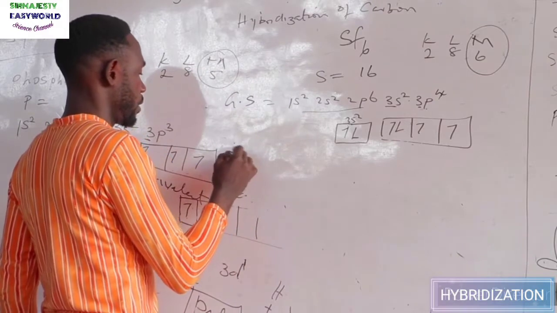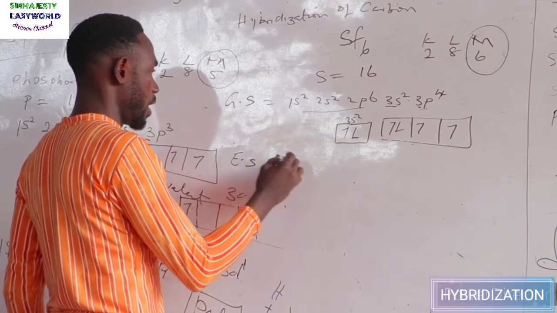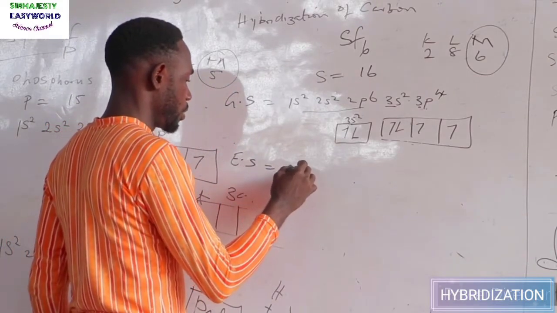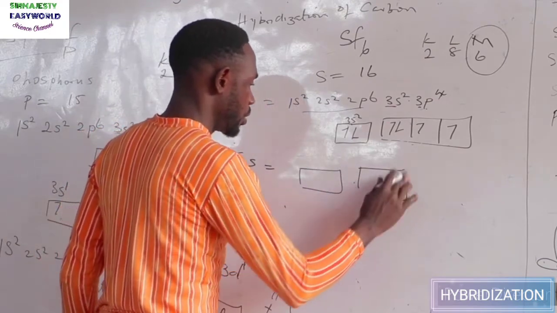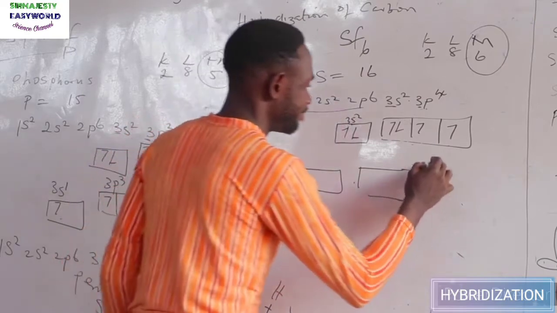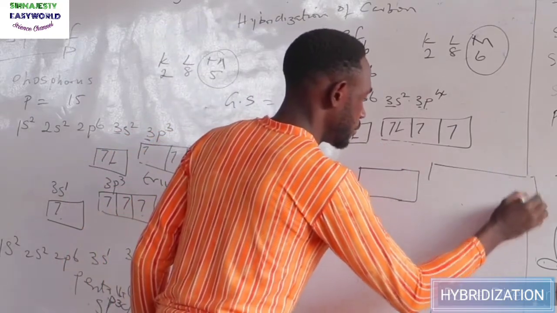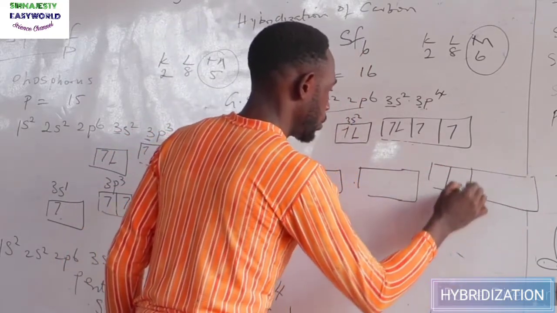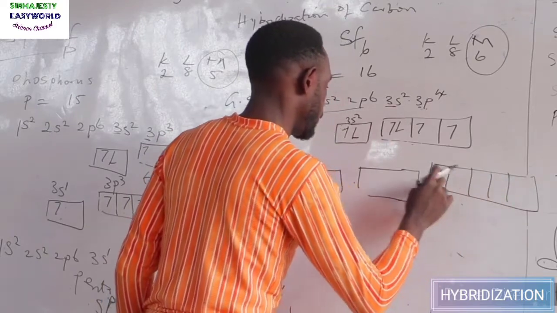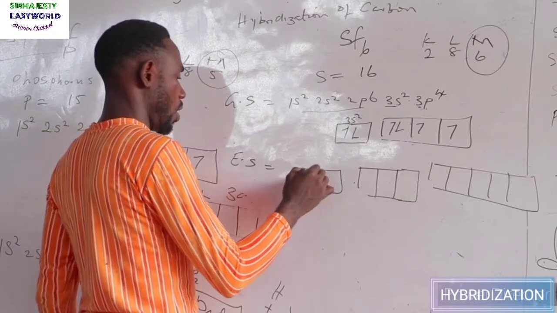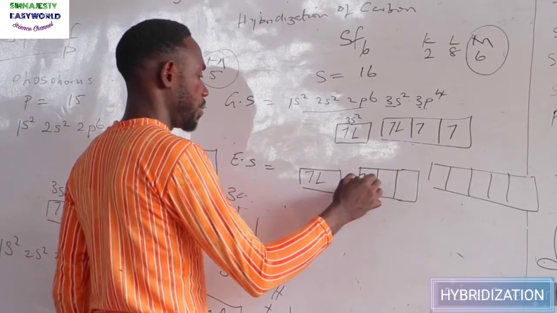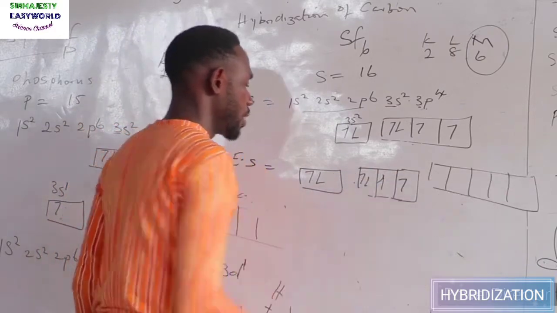The excited state for sulfur should now include the D in addition to the P and S. 1, 2, 3, 4, 1, 2, 3, 4, 5, 1, 2. So now we have up, down, up, then this is empty.